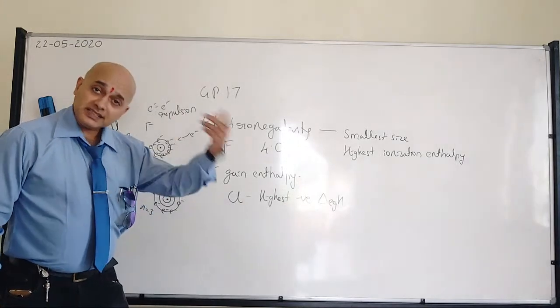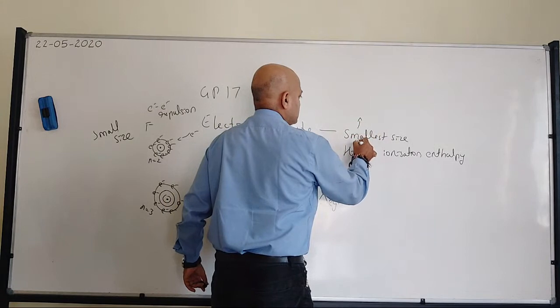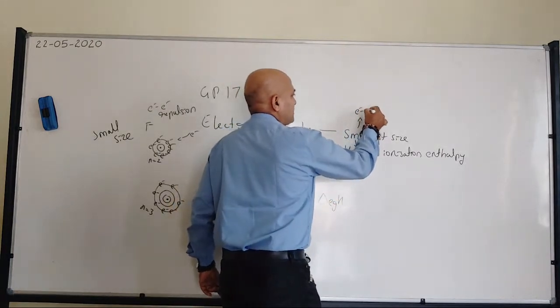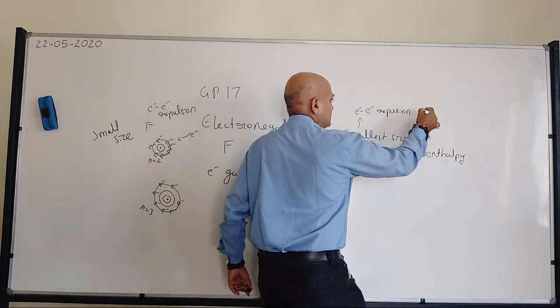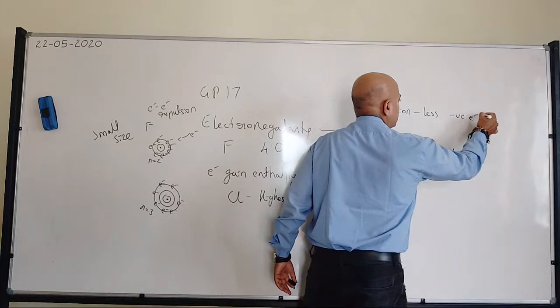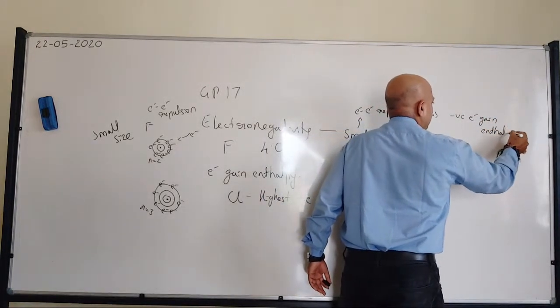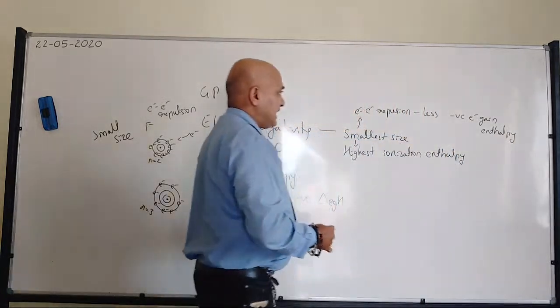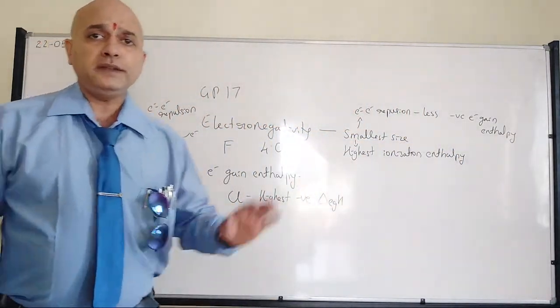Now, small size is also the only reason for electron repulsion, which makes it have a less negative electron gain enthalpy compared to chlorine.